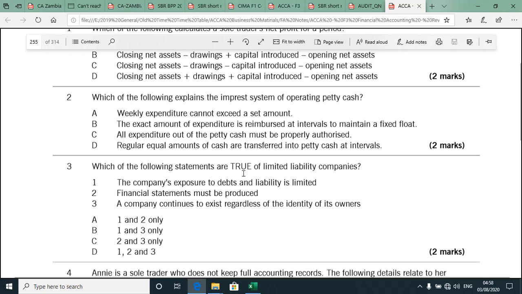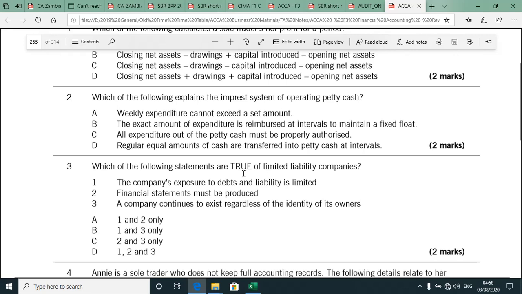Okay, so let's begin to use what we call the elimination method and see which one we'll remain with. First of all, to eliminate option D, we don't always put in regular amounts. The amounts we put in will depend on how much we've spent. So D is out. And then what else do you have?